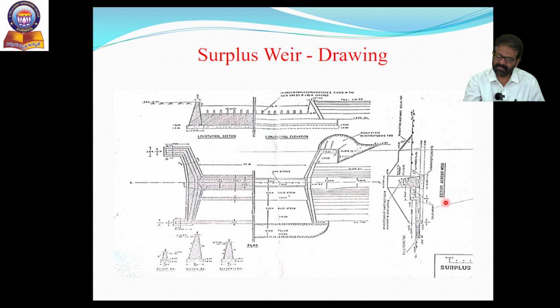And finally, the section across the weir. On this right hand side, observe carefully, this is the weir wall as we decided. Across the weir means, if you see from this direction, you can see all these features: the weir wall followed by the upstream side and downstream side solid apron, etc. So these all represent the section across the weir.